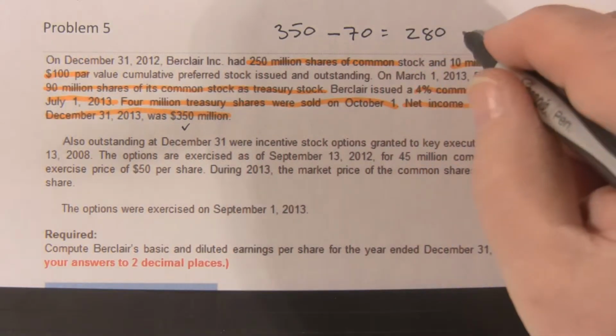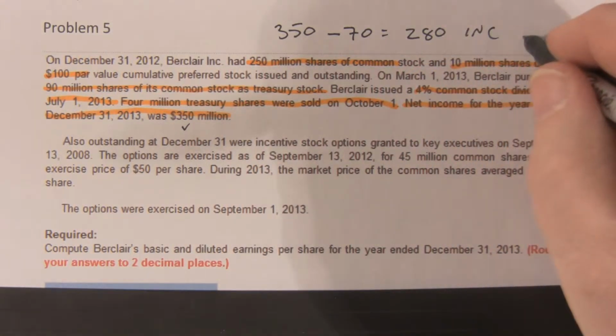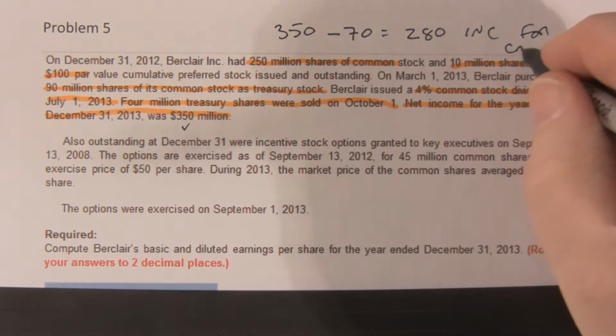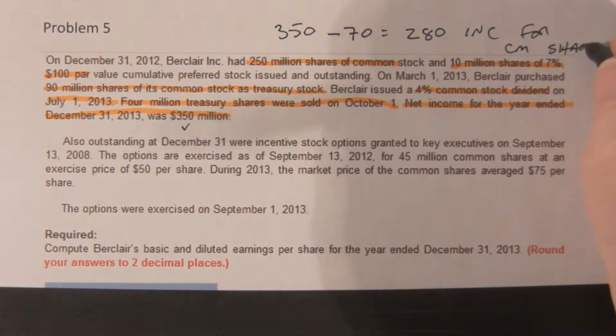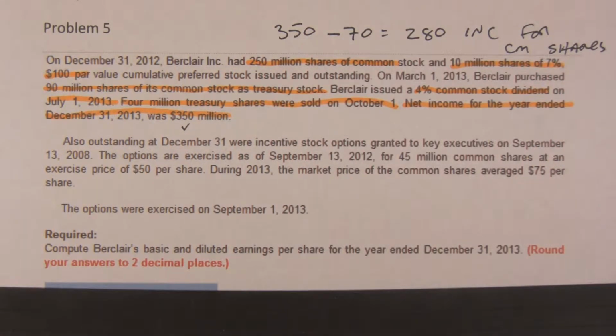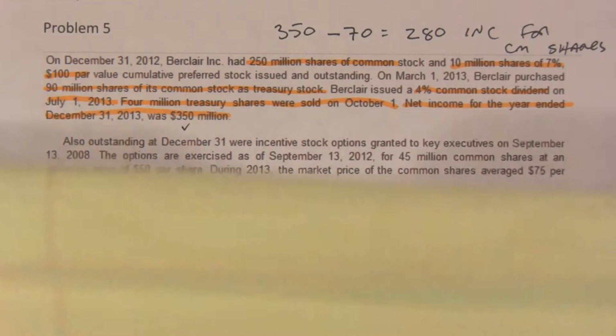So the income available to common shareholders is 280. Okay, so we know that's going to be the top part of our fraction. Now we have to come up with the bottom part of our fraction for both basic EPS and for diluted EPS. Well, let's go through. We're just going to make up a chart.